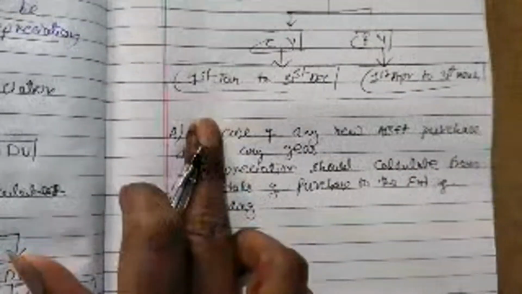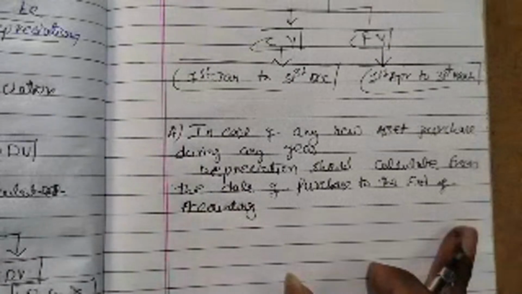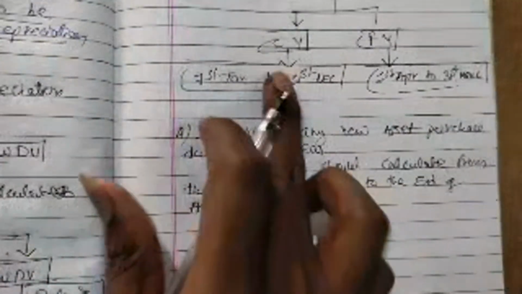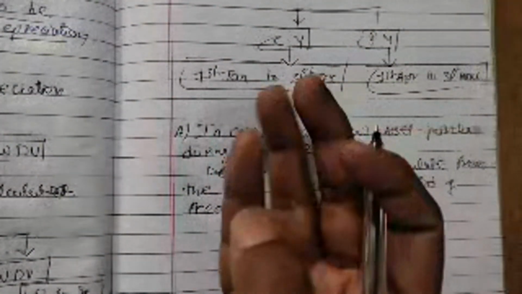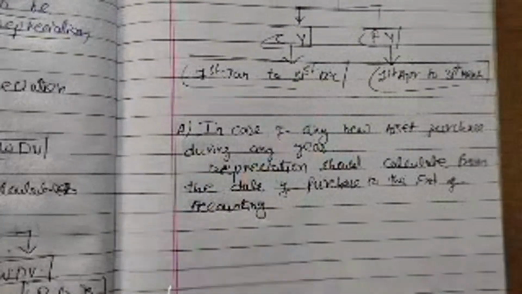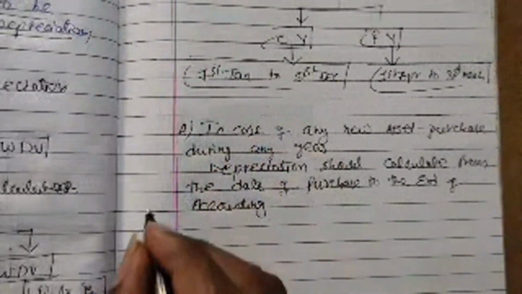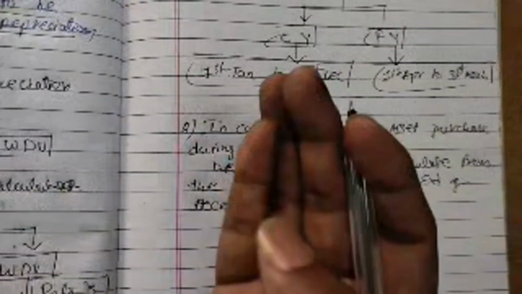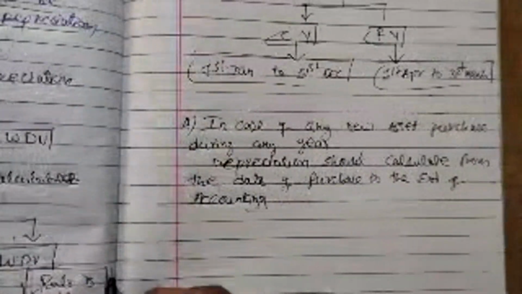So from September 1st, suppose you are following calendar year as the accounting period, September to December you need to calculate. September, October, November, December, 4 months you will take. Suppose it is 30th September, last day of September. Don't consider September month. October, November, December, 3 months you will calculate.